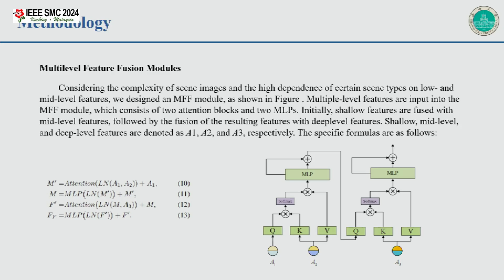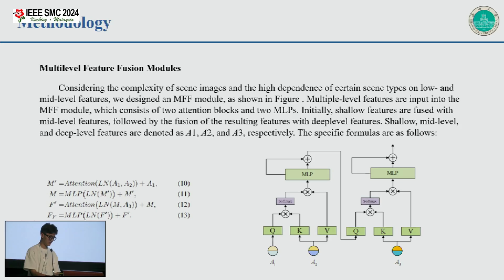Considering the complexity of scene images and the high dependence of certain scene types on low and mid-level features, we designed an MFF model as shown in the figure. Multiple level features are input into the MFF model, which consists of 2 addition blocks and 2 MLPs.